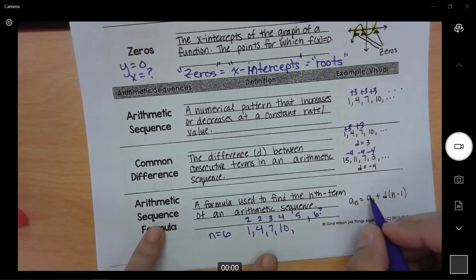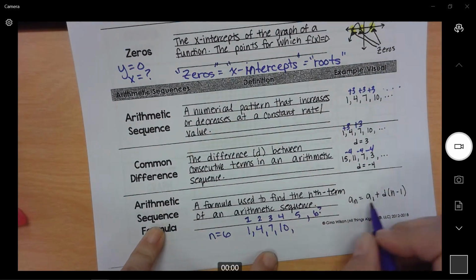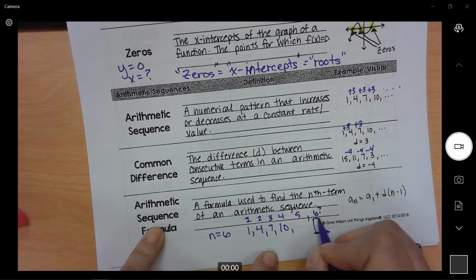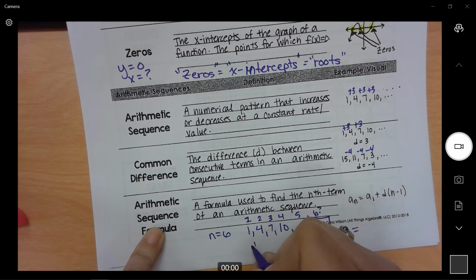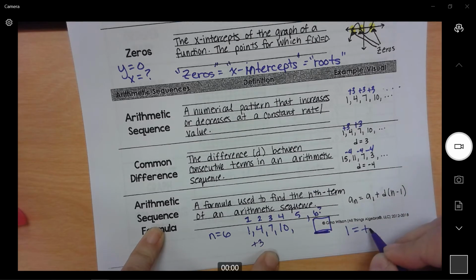So we can actually put it in here and say, okay, place value at 6, that number that we're looking for, we know what the first spot was, that was 1. And we know we're adding by 3 each time.